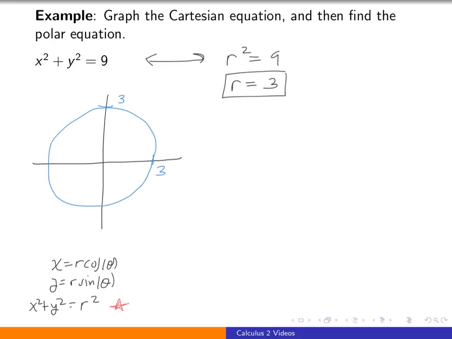And note, r equals 3 would represent all points 3 units away from the origin, so a circle of radius 3 centered at the origin. r equals 1 would be a circle of radius 1 centered at the origin. r equals a positive number c would be a circle of radius c centered at the origin.